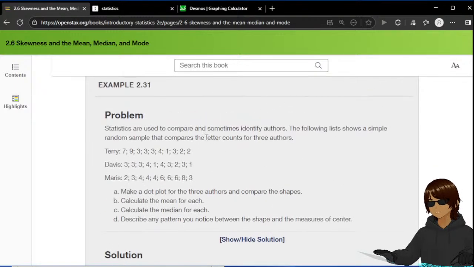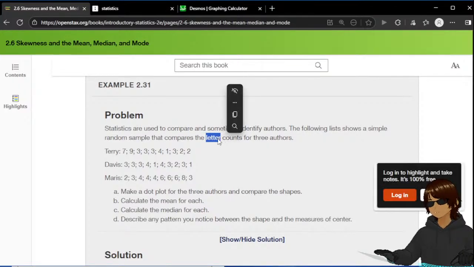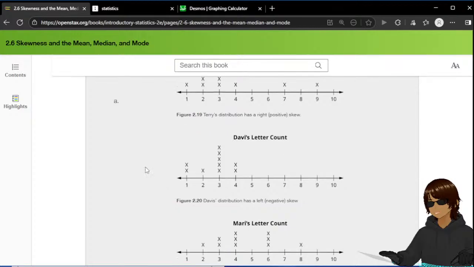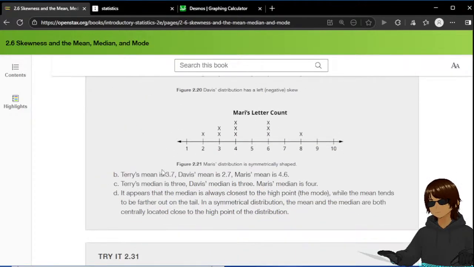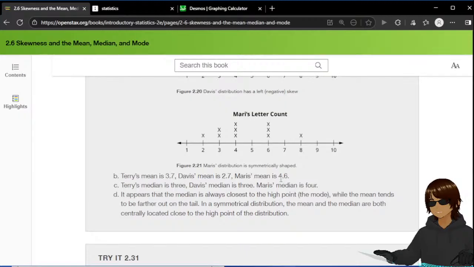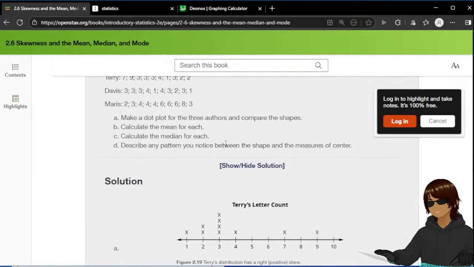Terry's letters, what kind of letter? Like mail they get. Calculate the mean for each and calculate the median. 3.7, 2.7, and 4.6. The median is 3, 3, and 4. Describe any pattern you notice between the shape and the measures of the center.